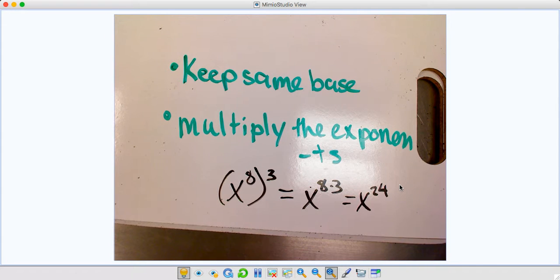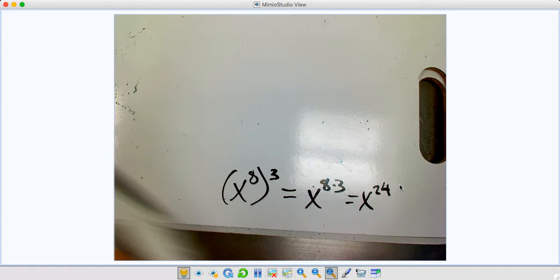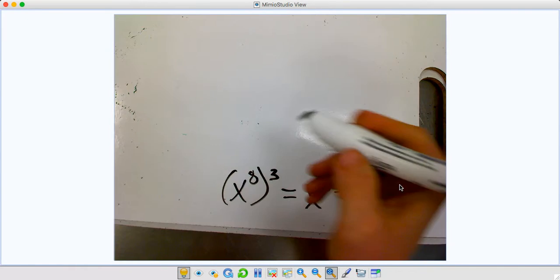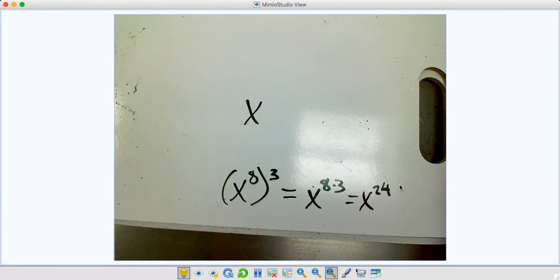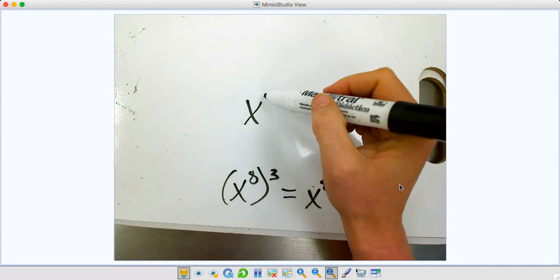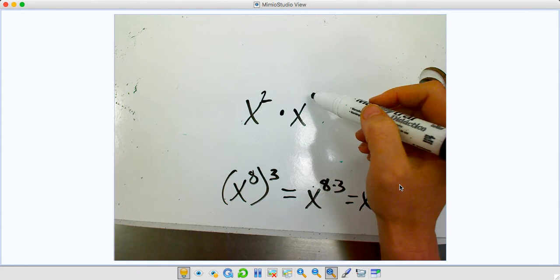One thing while you're copying this down, or after, if you've already stopped it, I want you to really pay attention to the difference between this and the product of powers law. Now, with the product of powers law, you're multiplying 2, but you're not multiplying the exponents. It's just that multiplication is what is going on with the bases. So I have 9 squared times x to the 8th.